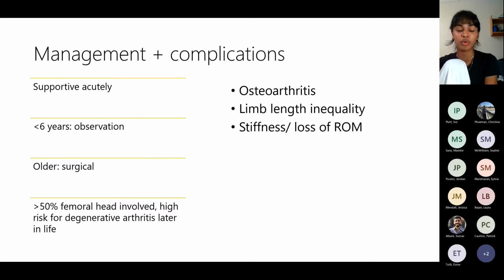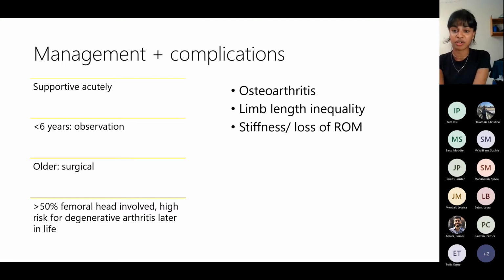Basically, the more of the femoral head that's involved, the worse the prognosis is for them later. So obviously I've put arthritis there, but does anyone know any other complications that can happen from Perthes for them later in life? Increased fracture risk, yeah, probably secondary to the fact that they get osteoarthritis.